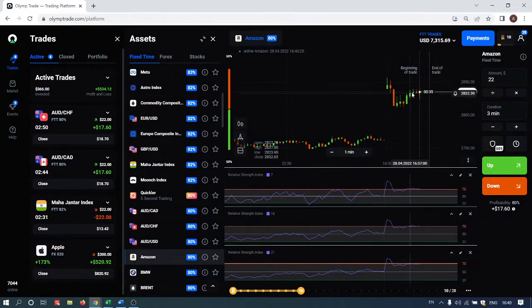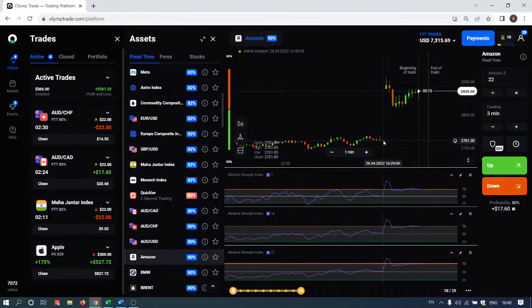Okay, so why do I not open trades on Amazon and Apple and Facebook? Well, guys, because this chart, this asset is not really overbought or oversold. This is caused by this gap.